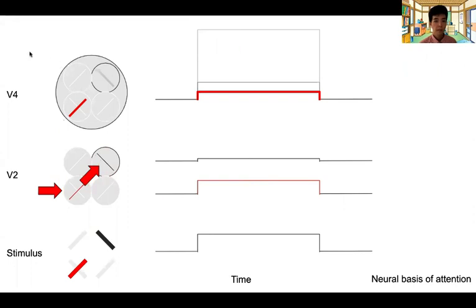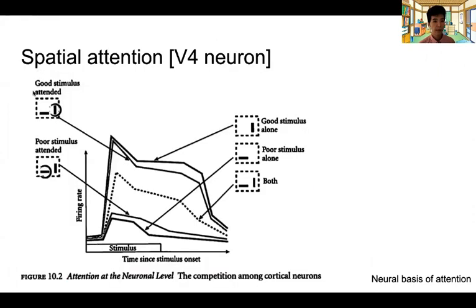Okay. And then John Reynolds has done exactly this kind of experiment in monkey B4. And what they found is summarized in this figure. As I said, in the baseline condition, where both stimuli are presented, the response is intermediate compared to the good, preferred stimulus alone, or the poor stimulus alone, for the particular neuron.